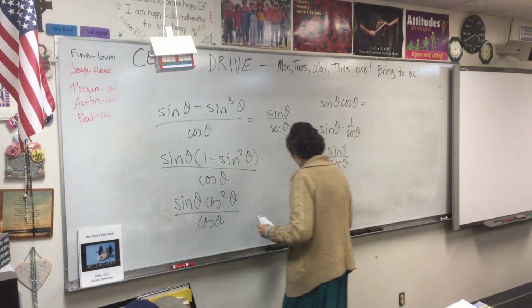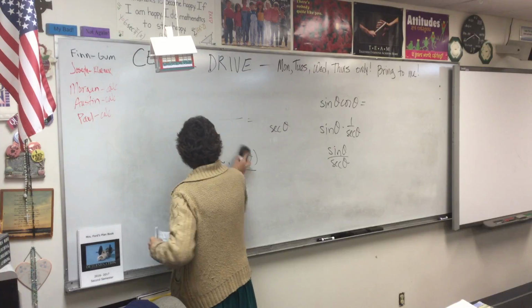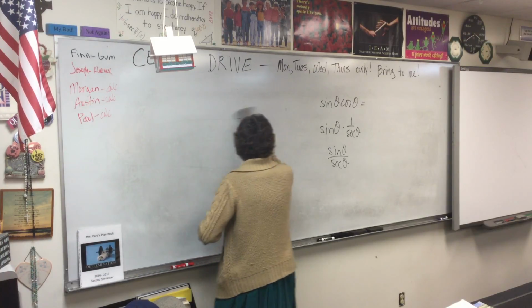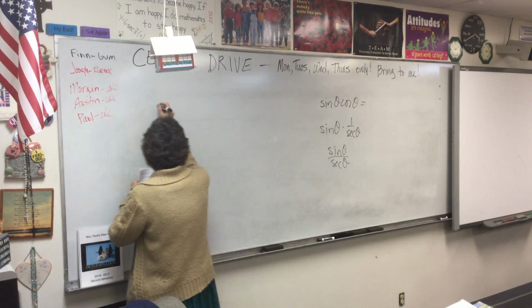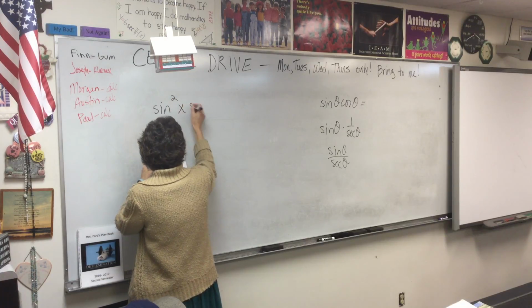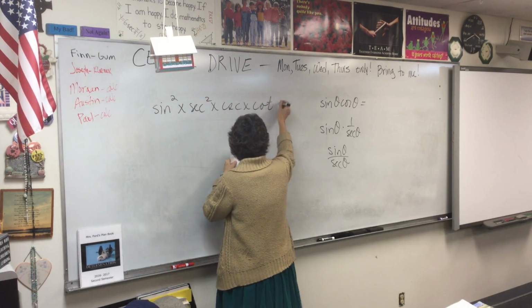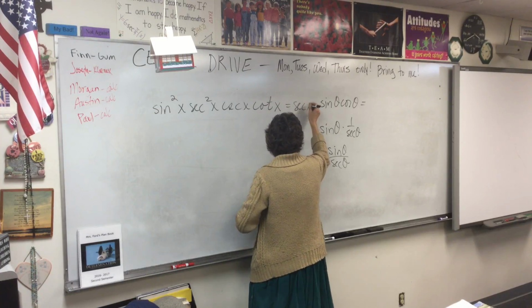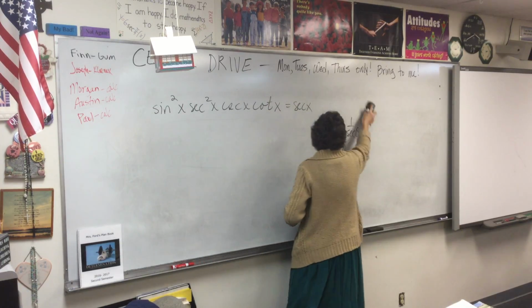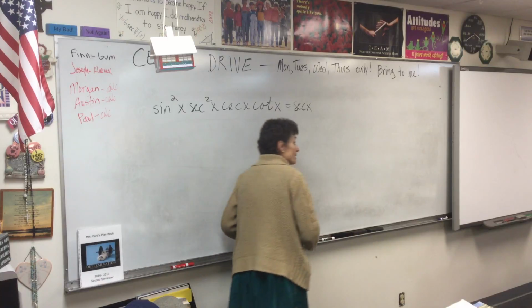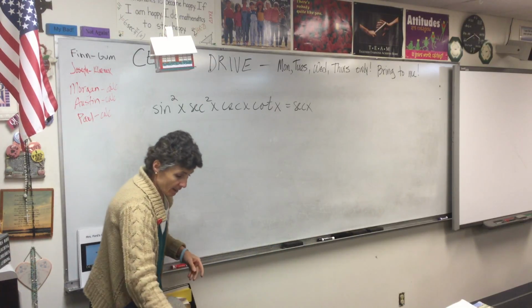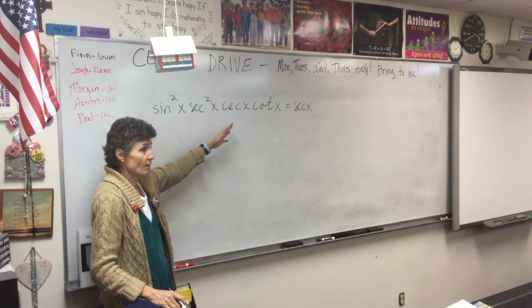Okay, it had a little more stuff. So problem number 2 is sine squared secant squared cosecant cotangent equals secant. Now obviously, again, we got way too much stuff over here.